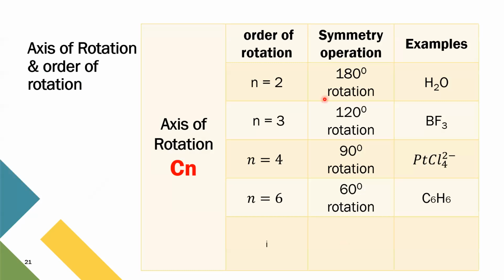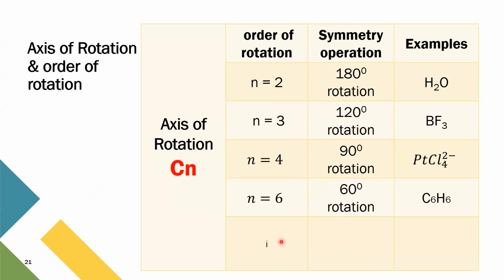Right. So again, the axis of rotation, order of rotation, you can have 2, 3, 4, 5, 6. Depending on that, the angle changes. If it is 2, 180. When it is 3, it is 120. 4, it is 90. 6, it is 60.